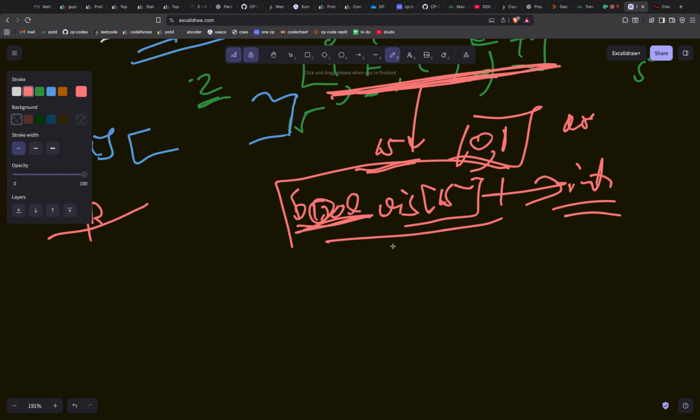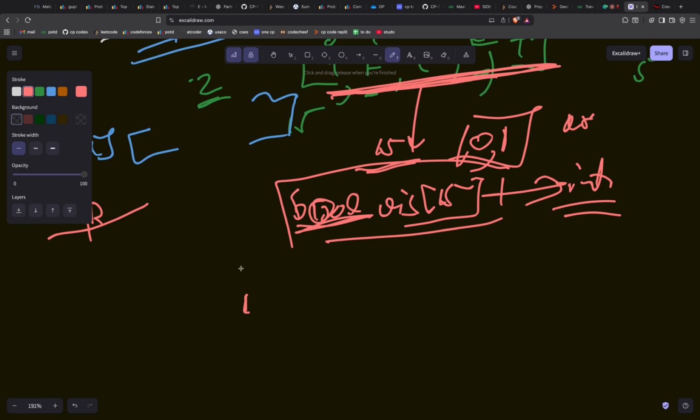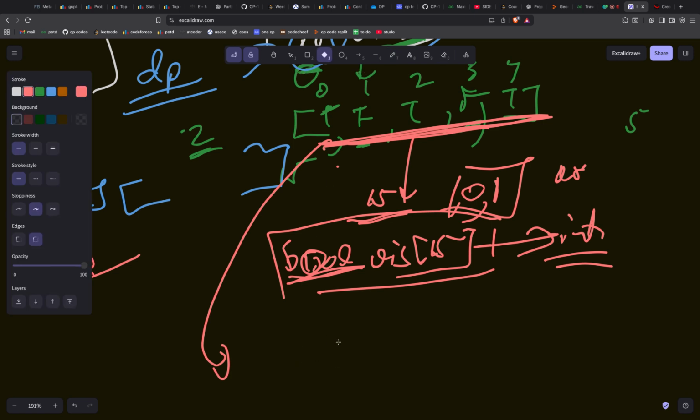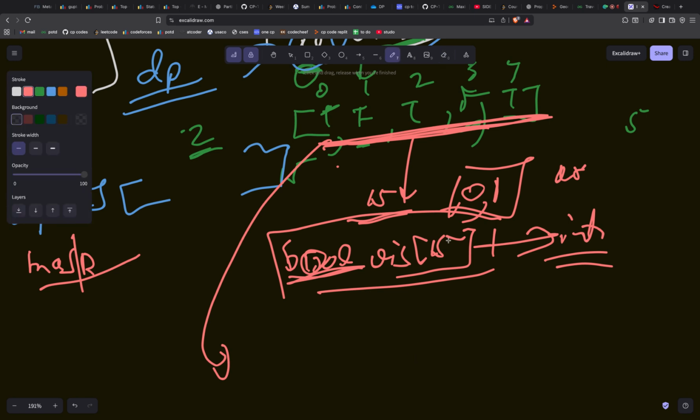Basically create a 15-bit integer, and if this bit is set, so let's say the integer is currently... so here this array would get converted to, see, this is true, so we'll have 1 here. This is true, so 1. This is false, so 0. This is true, so 1.